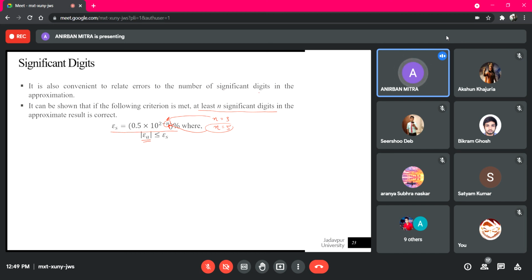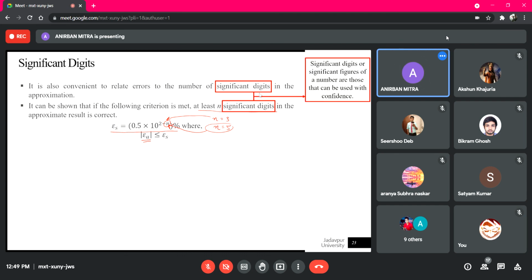So that now raises the question, what is a significant digit? The answer is very simple. This is the number which can be used with confidence. So significant digits or significant figures of a number are those that can be used with confidence.